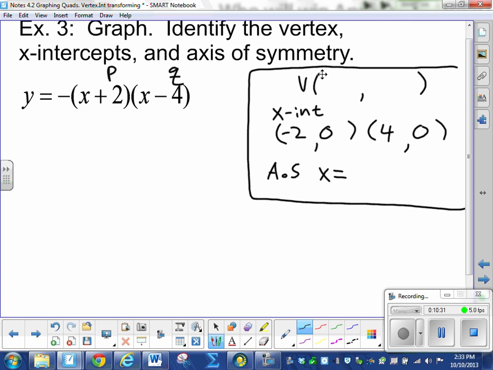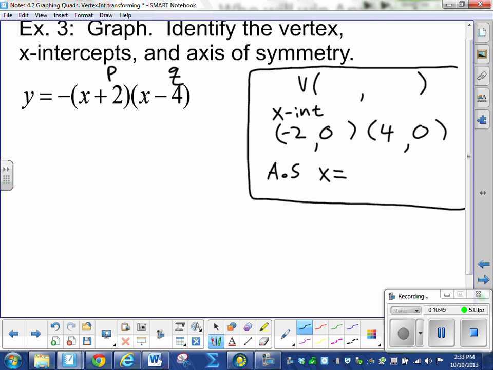To find the x value of your vertex, since your vertex is the quote-unquote middle of your graph, along the axis of symmetry, it should be right in the middle between these 2 points. So to find the middle of these 2 points, we should take the average of them. So we're going to average -2 with +4.